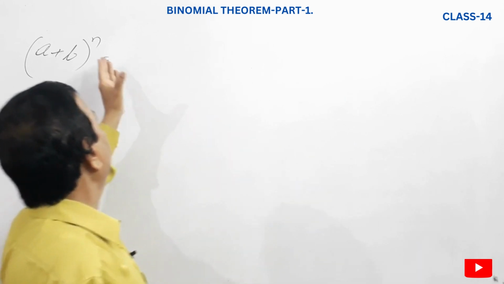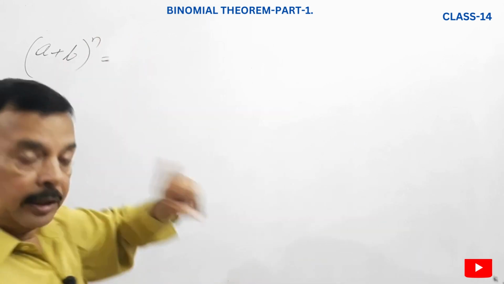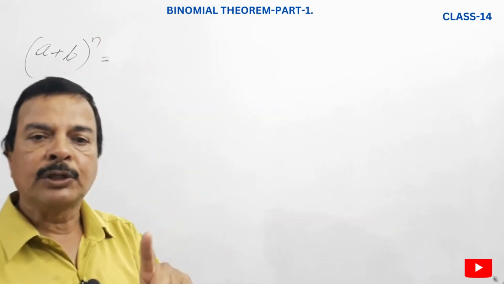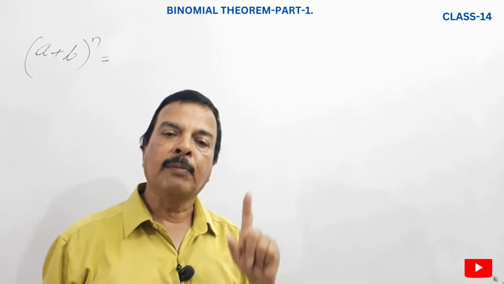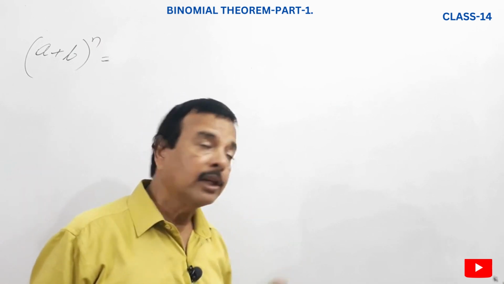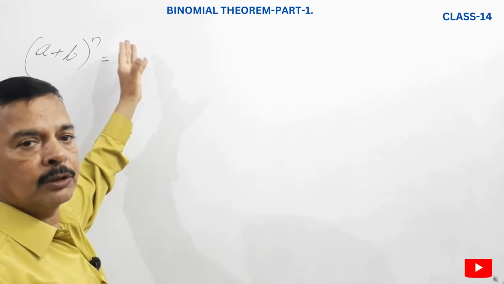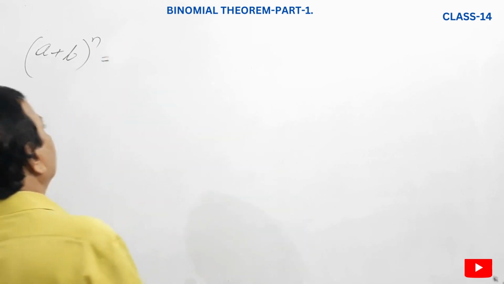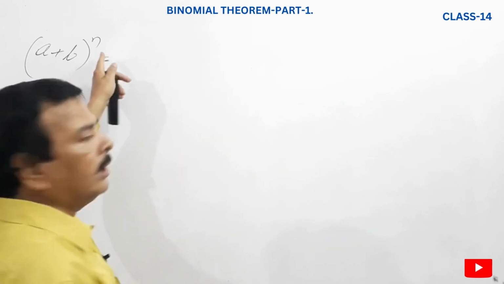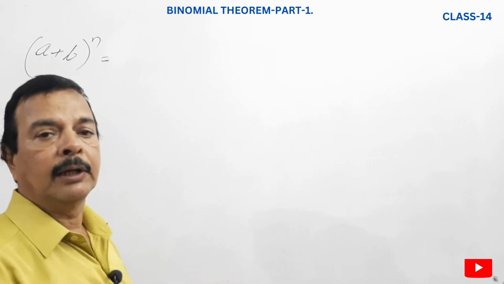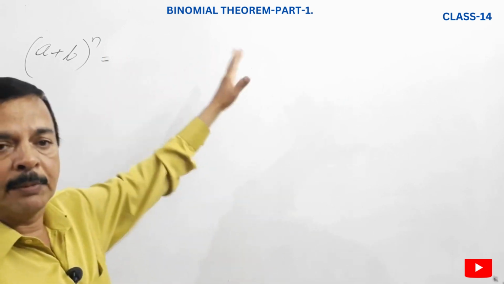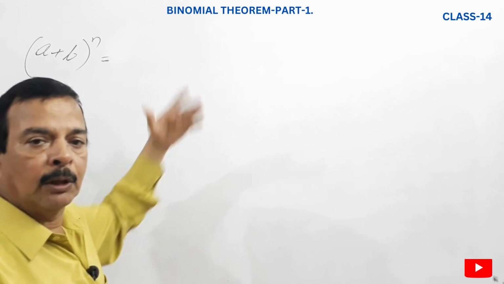If it is a plus b to the power of n, n is nothing but a positive integer. It cannot be a negative integer. So n can take any value. For example, if n is 1, it becomes a plus b. If n equals 2, a plus b the whole square.